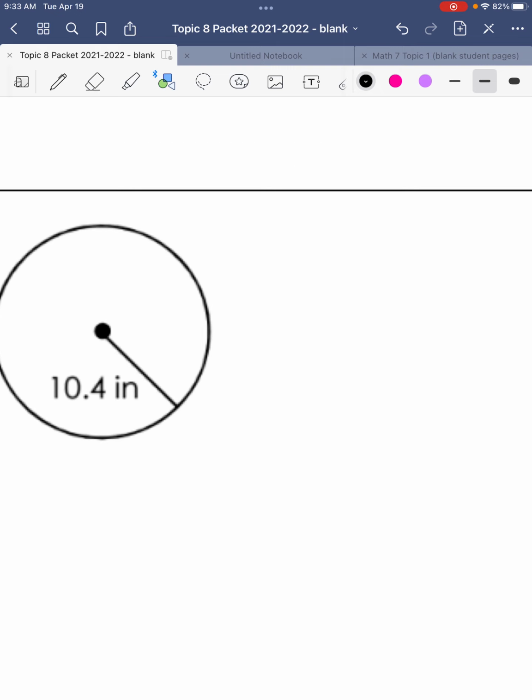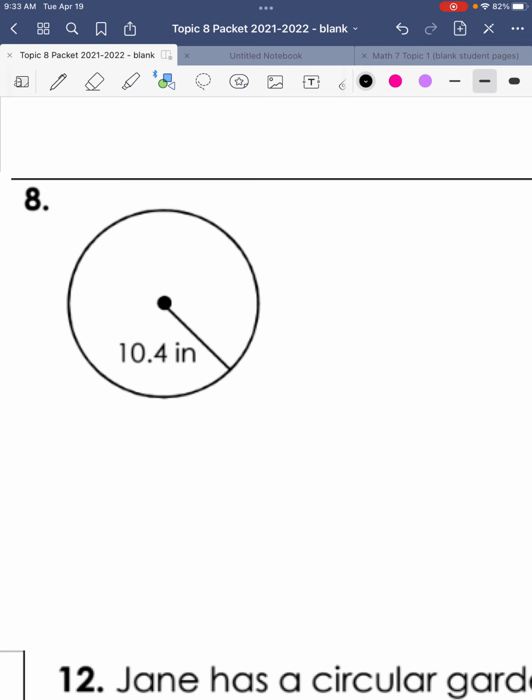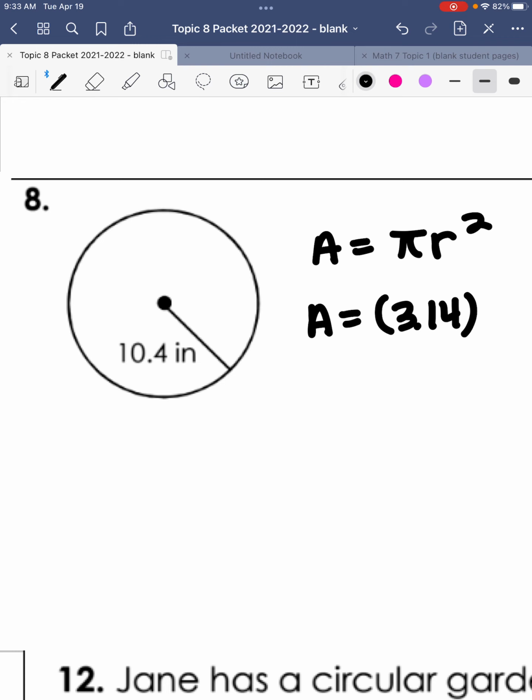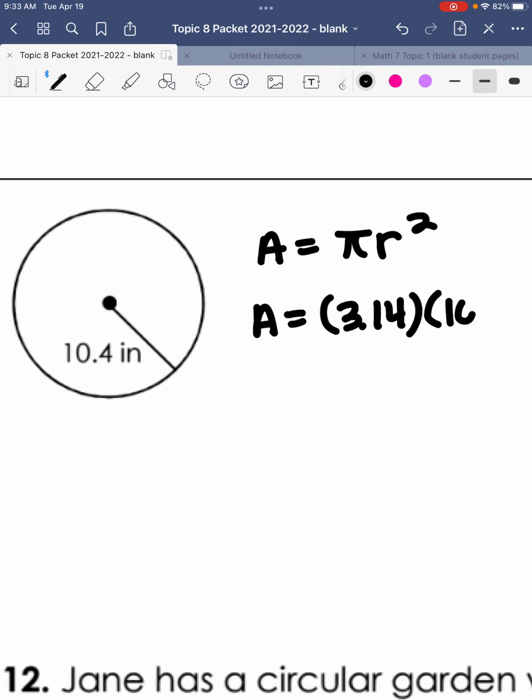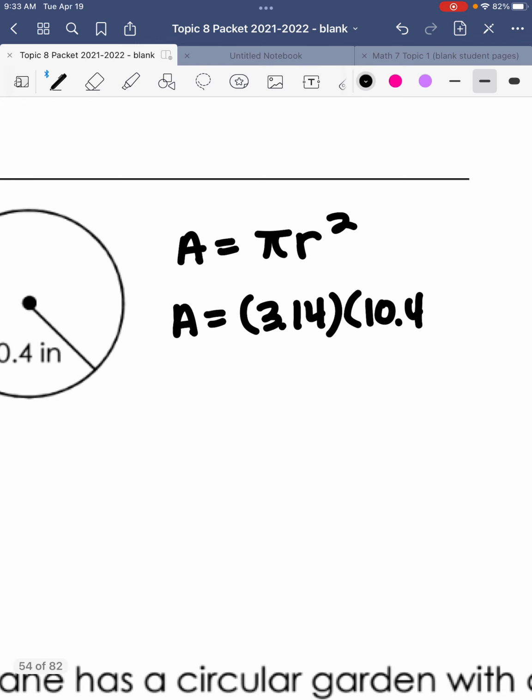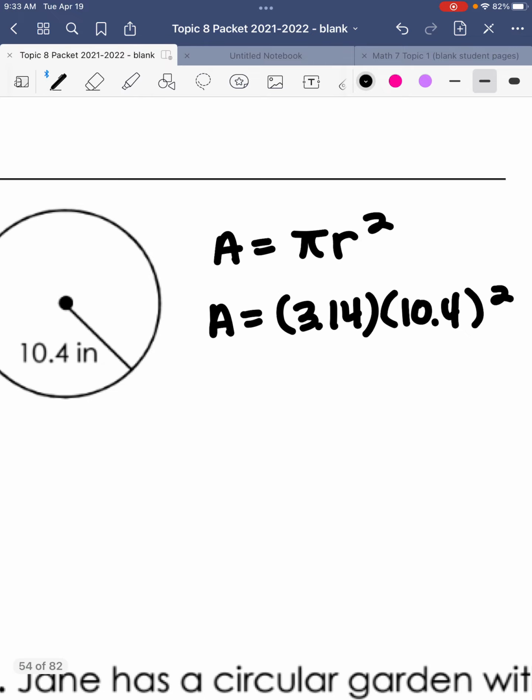Okay, number 8. Again, I have a circle with a radius for me. So I'm just going to use my formula. Area equals pi times the radius squared. So area equals 3.14 times 10.4, and I'm going to square that 10.4. So now I'm ready to put this into my calculator.